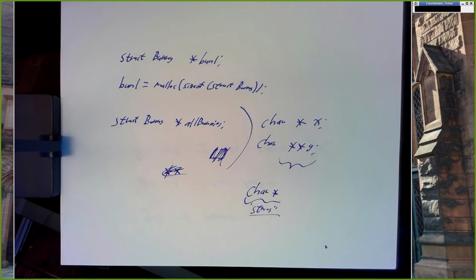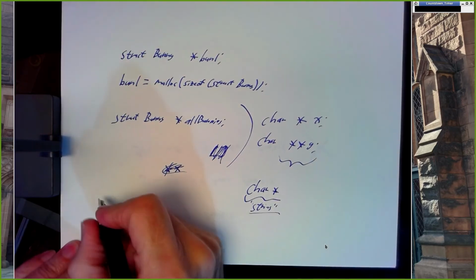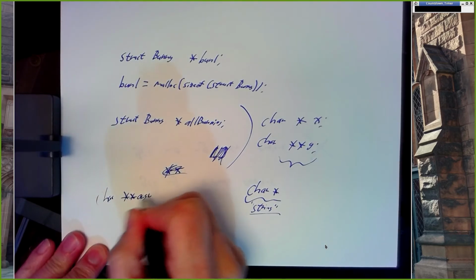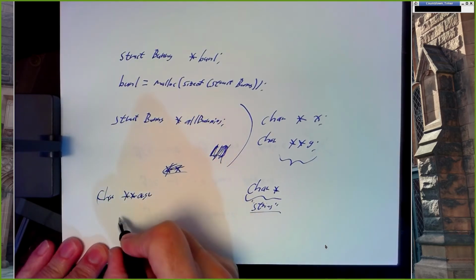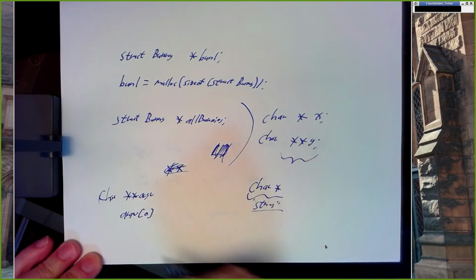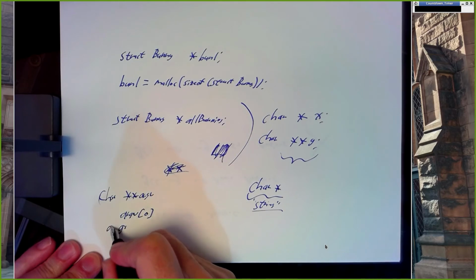Pointer to a pointer is used when you want, for example, an array of strings. Classic example of an array of strings, the list of arguments to a main program, which is why you declare your second argument argv to be a char star star. And when we say char star star argv, argv is an array of strings, so argv bracket 0 is your first string, that's the name of your program.